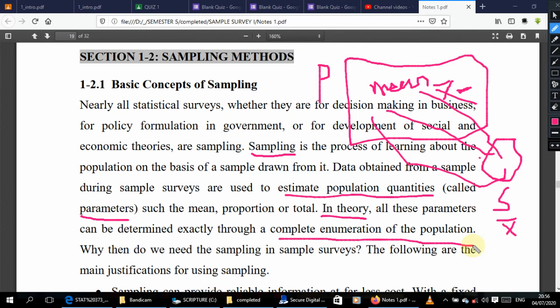Assuming you want the average salary of Ghanaians, if you can take every Ghanaian's salary, then you will get the exact value. But the fact that you can't do a complete enumeration means you would have to resort to a sample survey to get an estimate of your parameters.